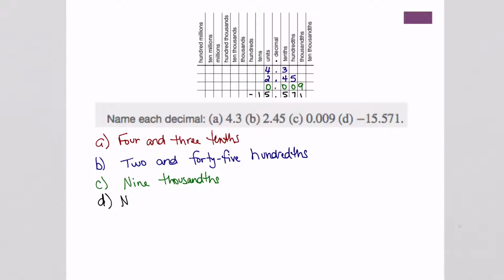So I'm going to say negative 15, and don't forget your and where your decimal is, 571, and where is the 1? It's in the thousandths place, so I'm going to say thousandths.